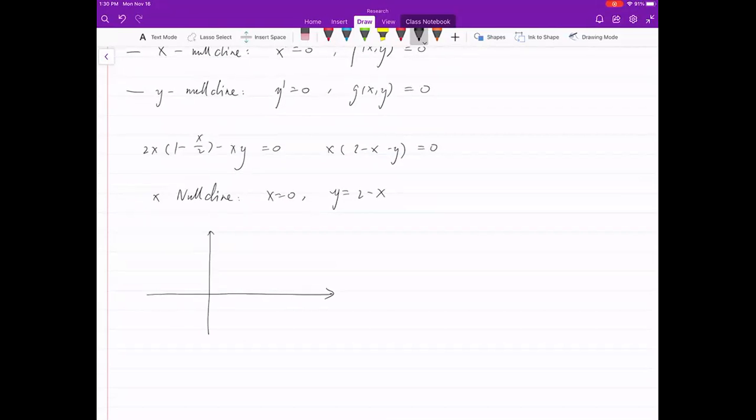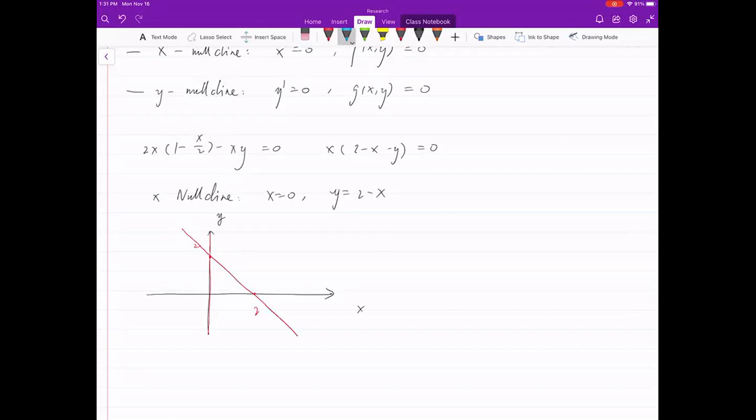Can you draw them? Well, this line here. This line here. What's special about it?